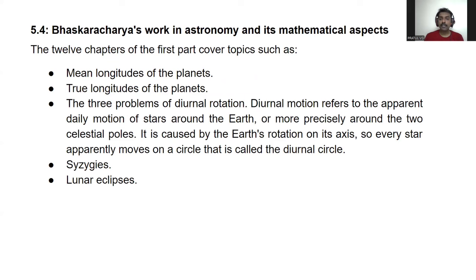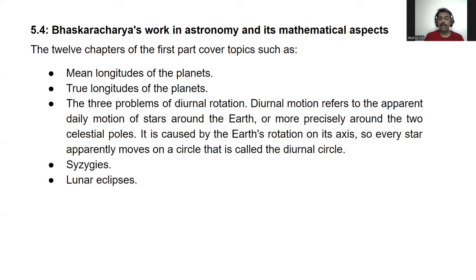His work in astronomy was as follows. There are 12 chapters covering mean longitudes of planets, true longitudes of planets, and the three problems of diurnal rotation, which refers to the apparent daily motion of stars around the Earth, or more precisely, around the two celestial poles.